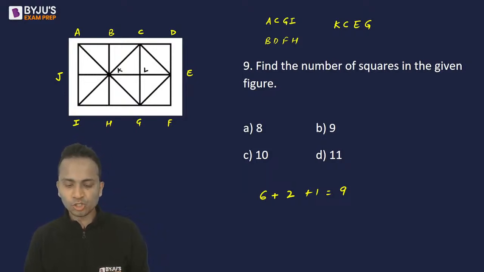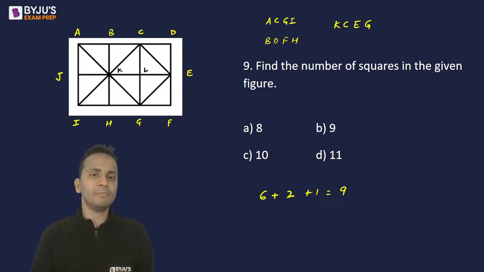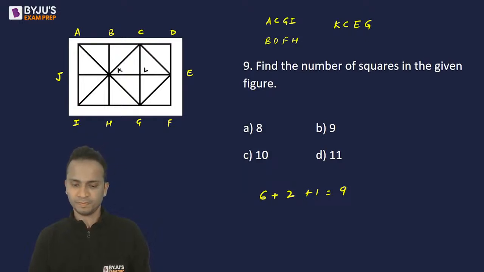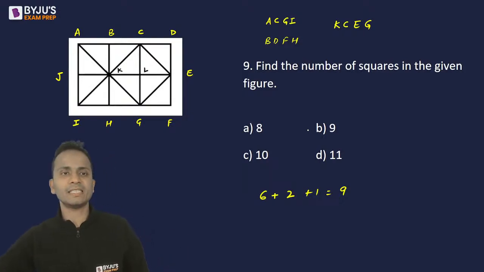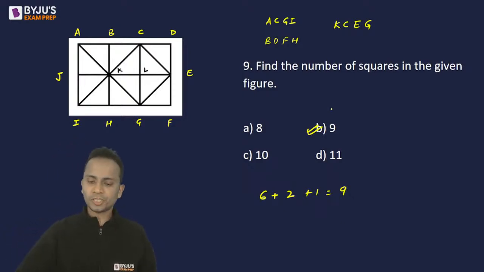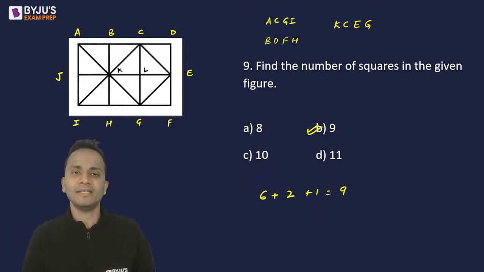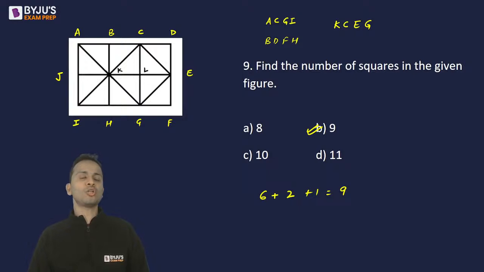So Shraddha and Sonu, any other square that you can tell me? No? No other square? Alright, so yes, we can say that the correct answer should be option B, that is 9. Alright, so there are a total of 9 squares in the given figure.